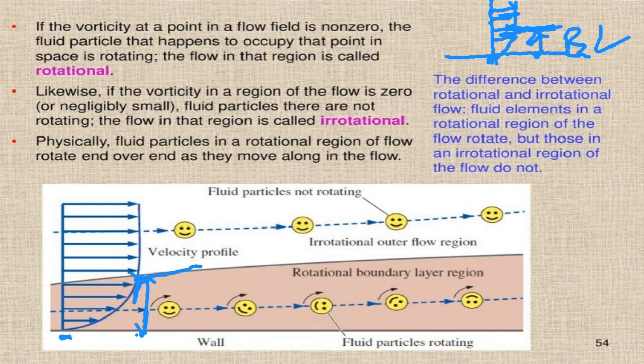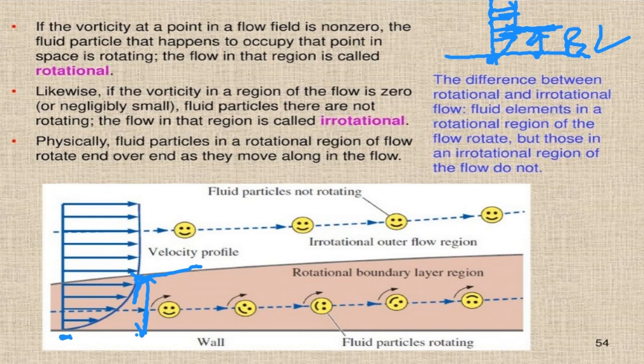And above this layer, the velocity is the same. So the boundary layer is the region in which the velocity changes from zero to some uniform value, and from this point on, it doesn't change anymore.